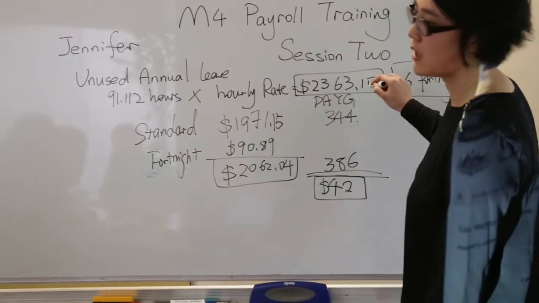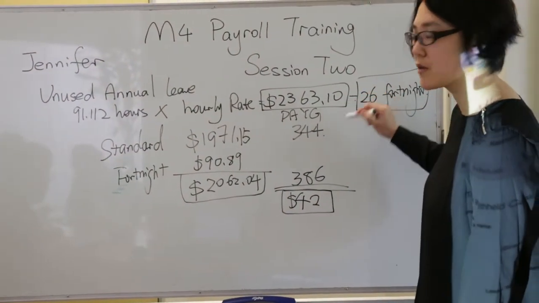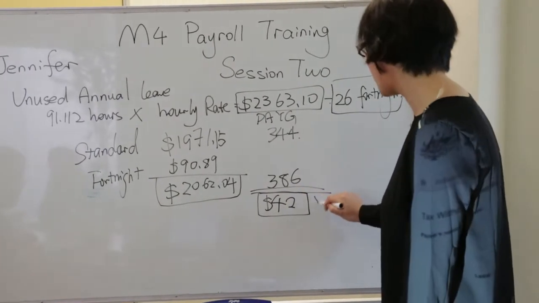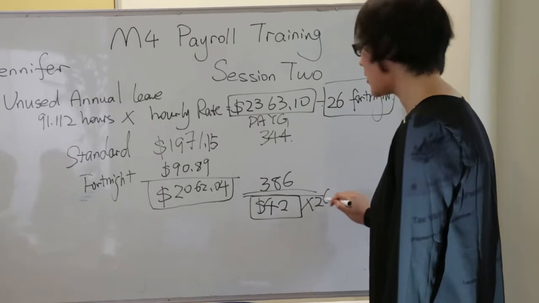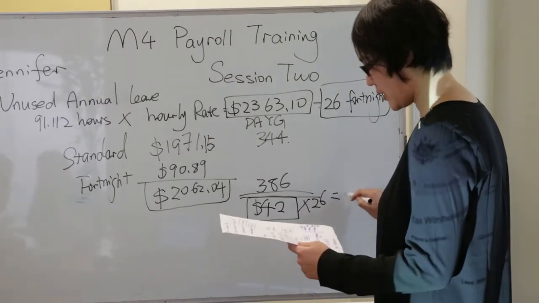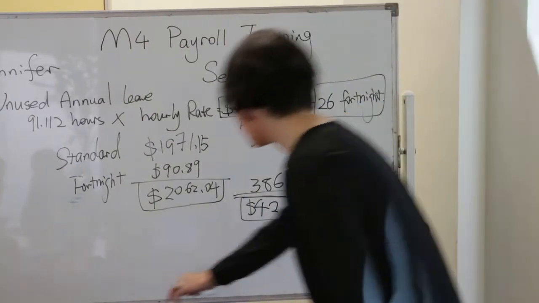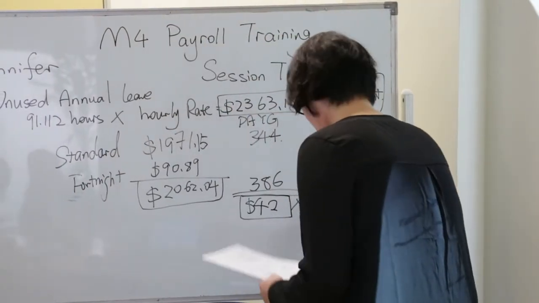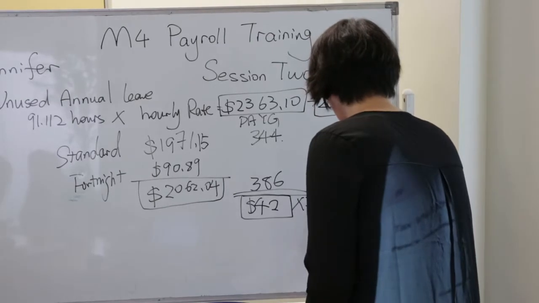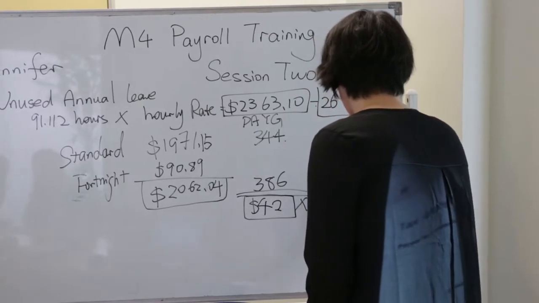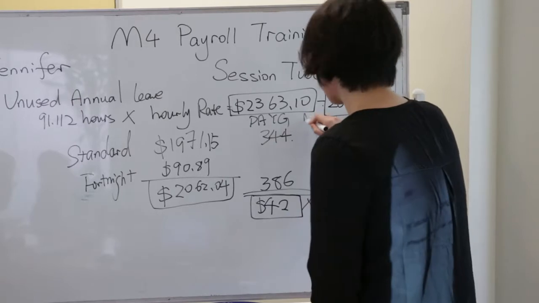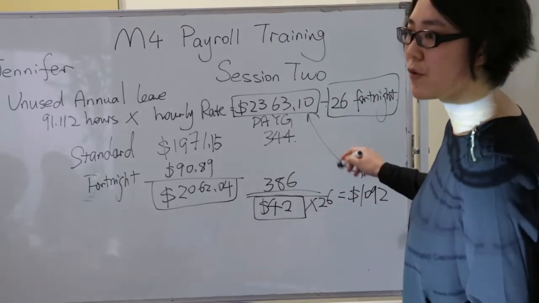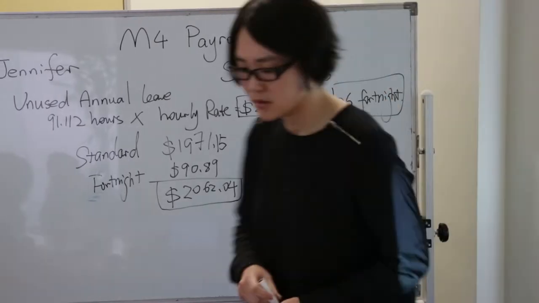So that means because of the unused annual leave, her fortnightly PAYG increased 42.6, and then we multiply by 26 to calculate the annual PAYG. So this is the PAYG for the unused annual leave.